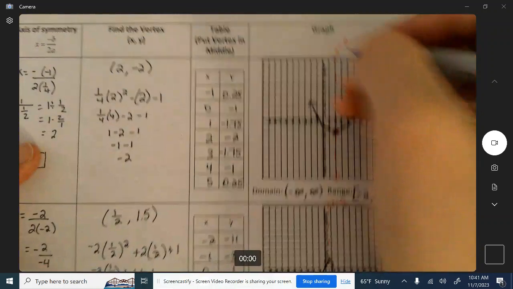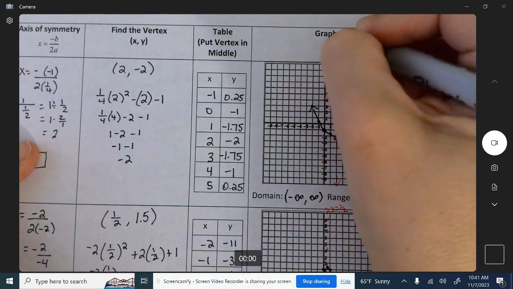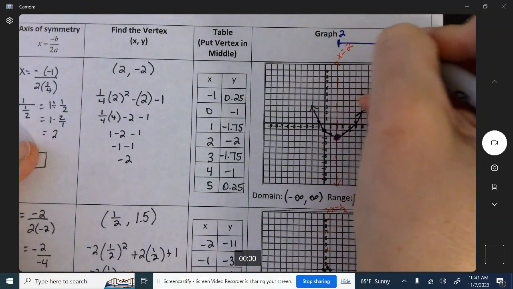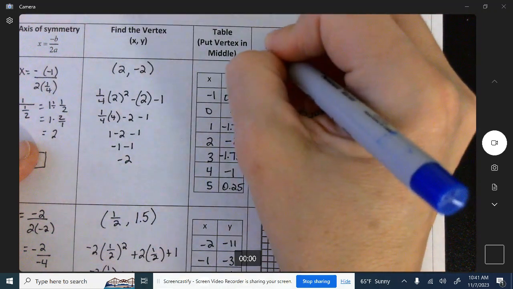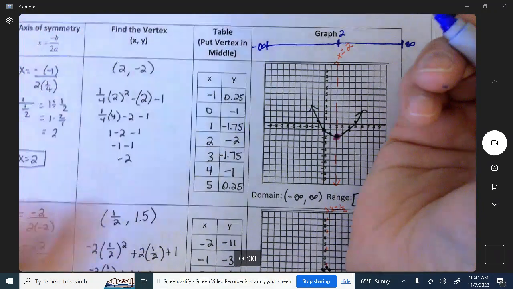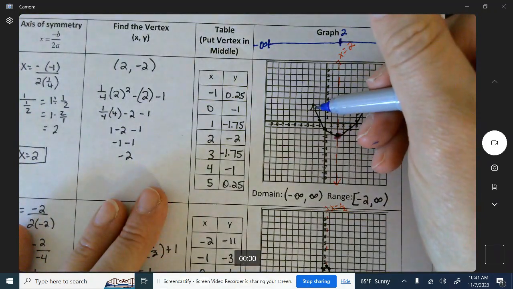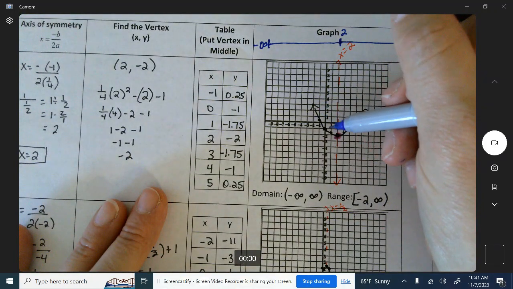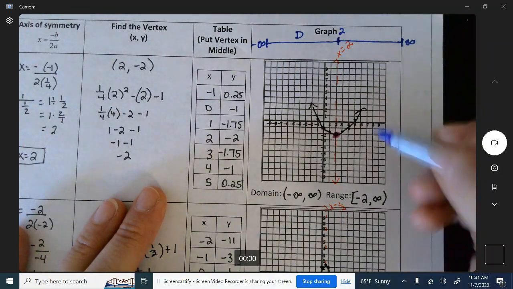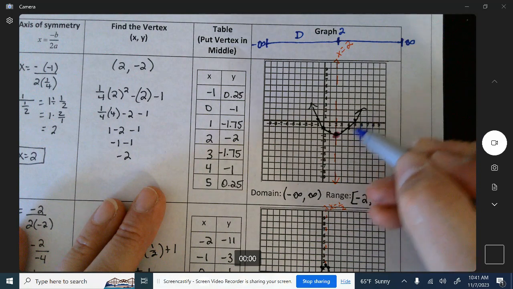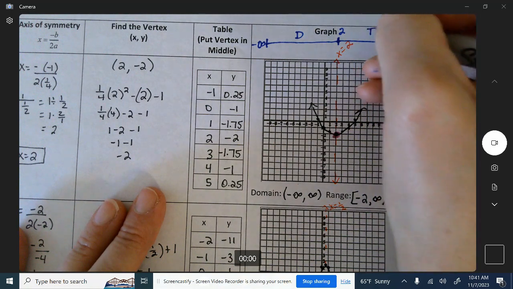Then let's draw our line up here. So we're at 2. This way is infinity, and to the left is negative infinity. If we read our graph, we start on the left. My pen is decreasing on this side, so I'm going to put a D up here. My pen is increasing on this side, so I'm going to put an I here.